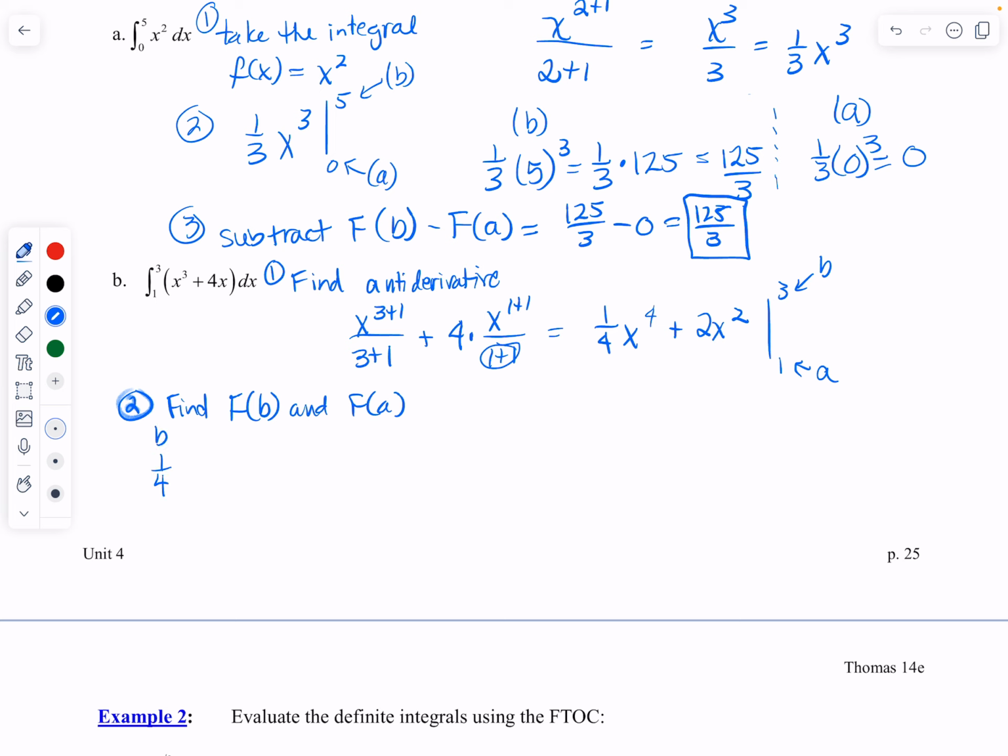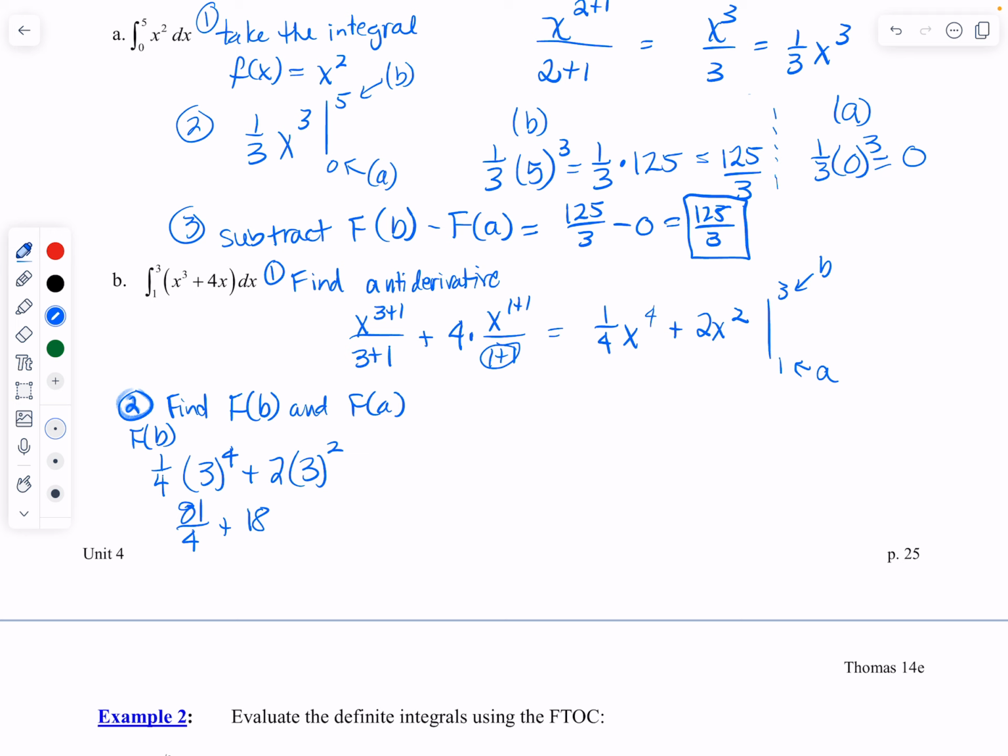By the way, I'm working on b. So 1/4 times 3 to the 4th power plus 2 times 3 squared. Okay, 3 to the 4th power is 81. And this is going to be over 4, plus 3 squared is 9, times 2, which is 18.